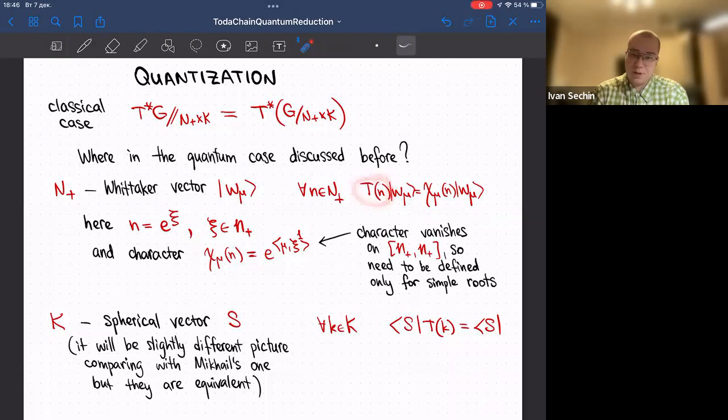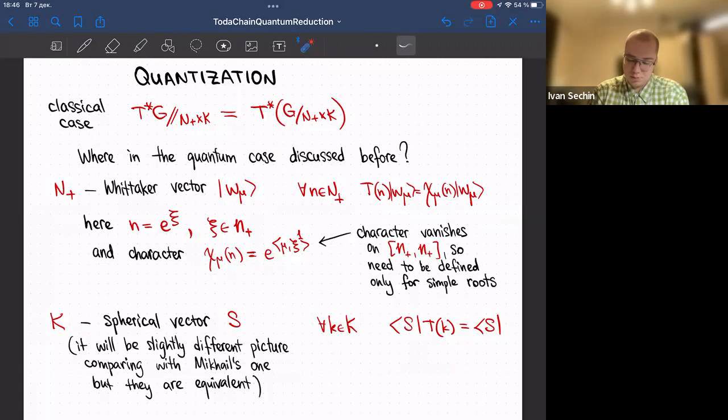If we have a representation T of the whole group, and we choose elements from n plus, these Whittaker vectors should be eigenvectors of this action.